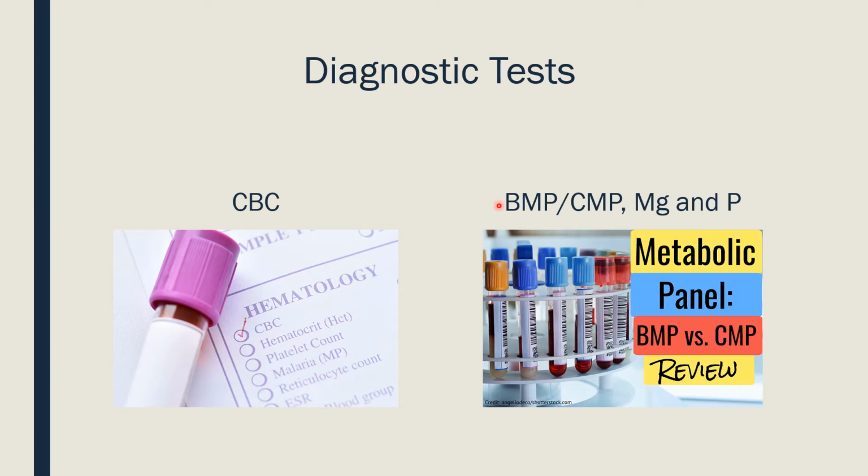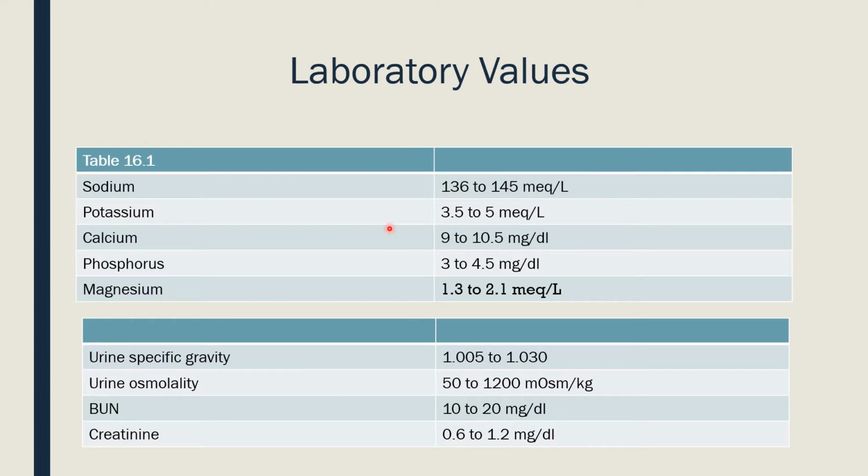Now for the BMP, or basic metabolic panel, or the CMP, which is the comprehensive one, which has a lot of electrolytes, you would of course need a green test tube for that. And you have to check magnesium and phosphorus also. Now, looking at the levels, these are very important.